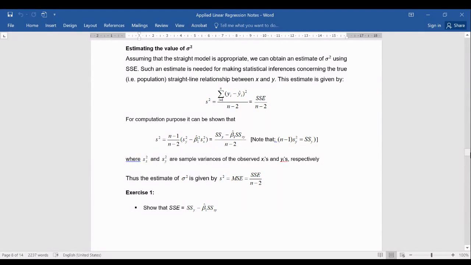So let me go back to the whiteboard and explain this, because we know that sigma squared is estimated by S squared. We all know that, but this S is different from the one that you are used to. So I want to explain that difference, why this one is not the same as that one.